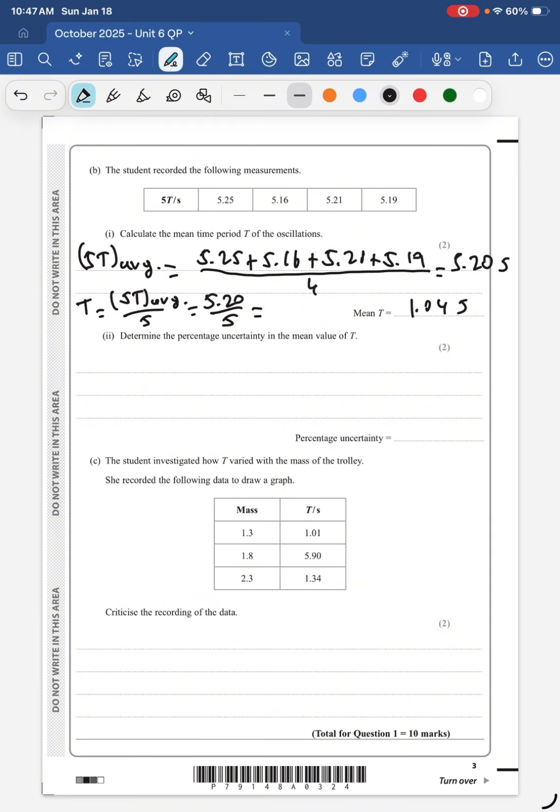And determine the percentage uncertainty in the mean value of t. Okay, first of all, we have to find the absolute uncertainty, which is going to be the half range.